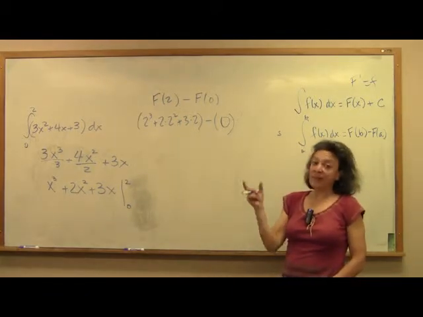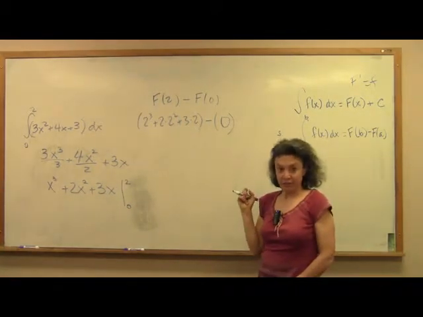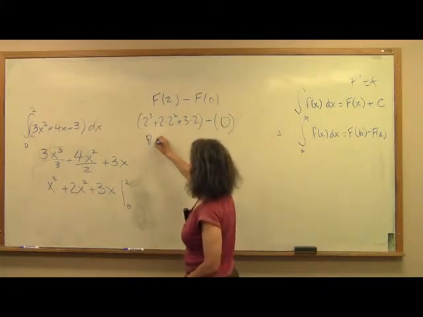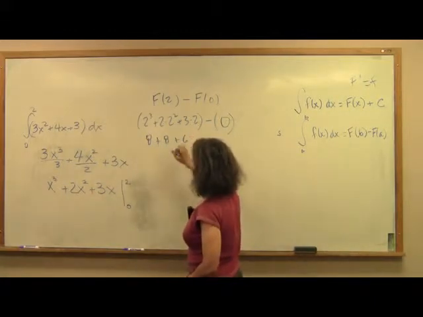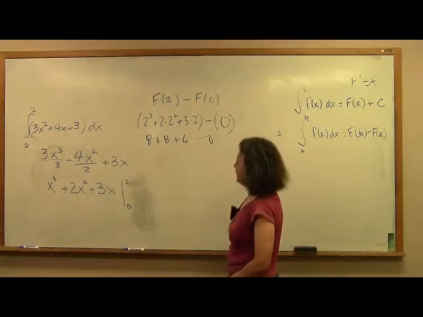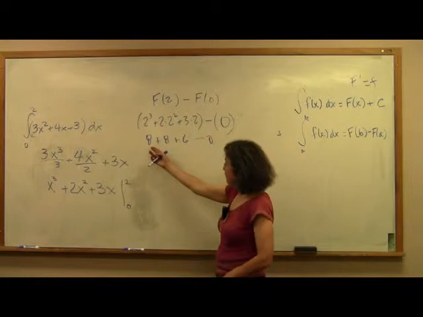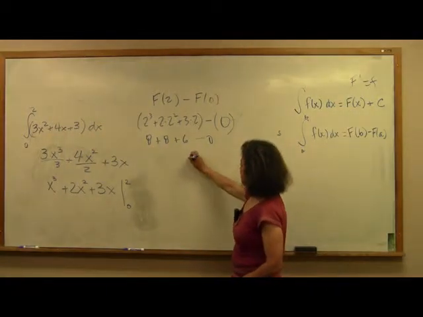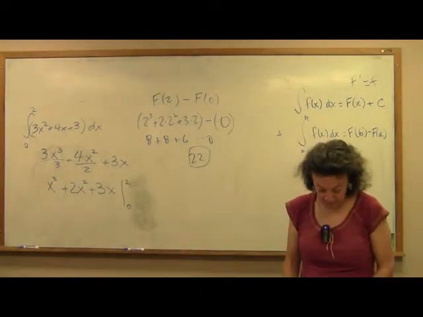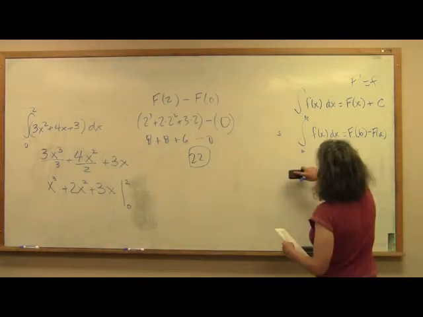Okay, that doesn't always happen, for example, with exponential functions. Okay, so 2 cubed is 8 plus 8 is 16, plus 6. So we get 6, then minus 0. So 16 plus 6 is 22. There we go.